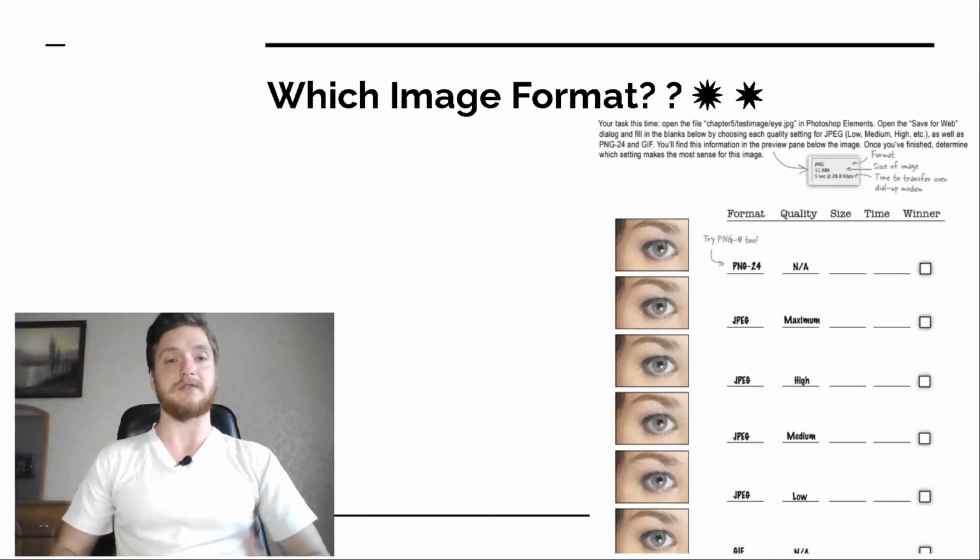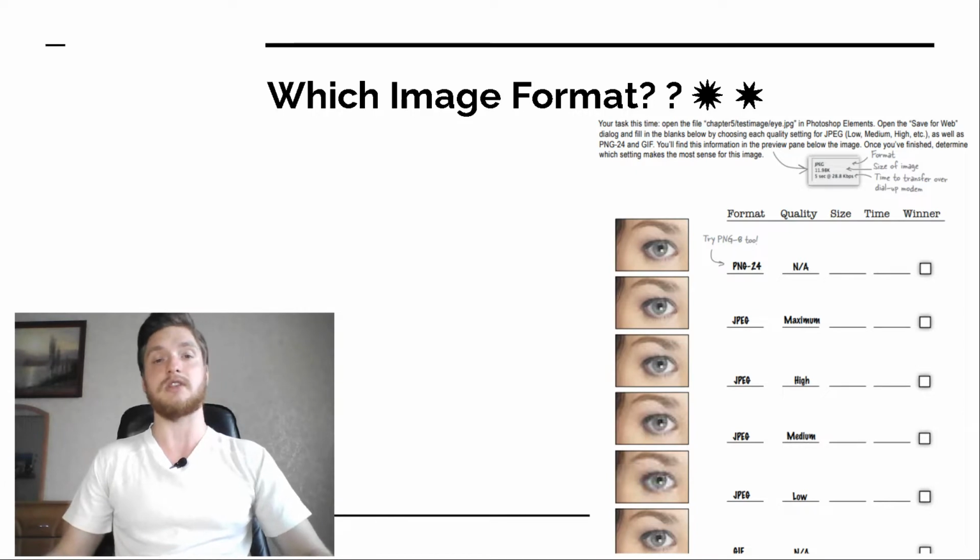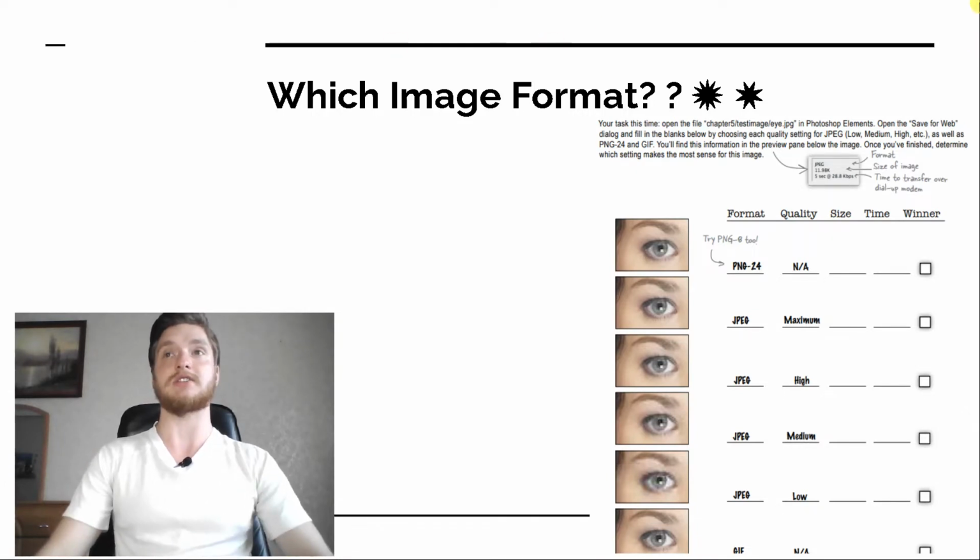You will find this information in the preview pane below the image. Once you finish, determine which setting makes the most sense for this image. Format, size of image, time to transfer over a dial-up modem. Try PNG-24.